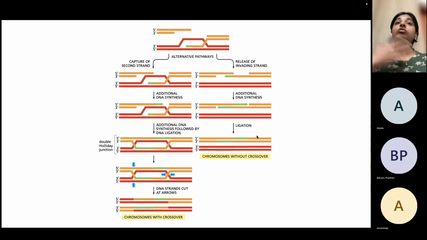What is interesting is most of the crossovers are resolved in this way, that they are not successful, they are resolved back to their original nature itself. Only a few of these chromosomes actually are able to undergo these crossovers and move forward to the next generation.